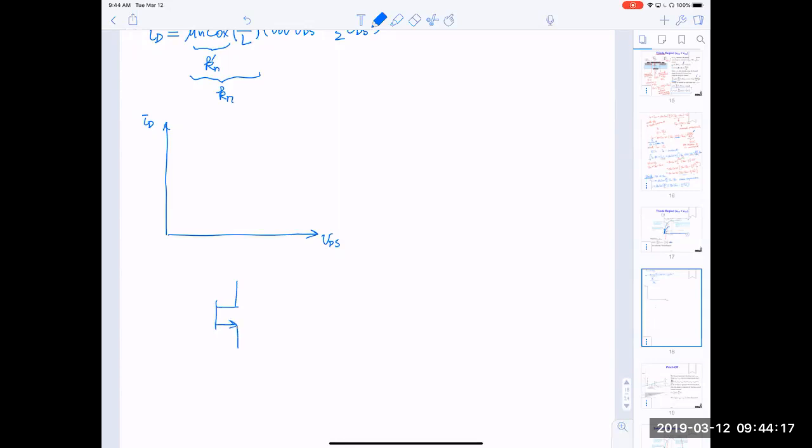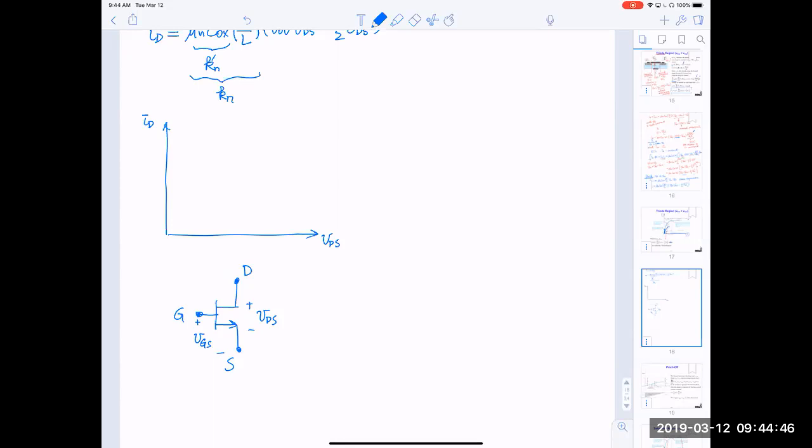So this is NMOS, and this is gate. This is source, this is drain. VDS is basically here. VGS is the voltage between the control gate and the source, okay? So this is the transistor of interest that we are discussing here.